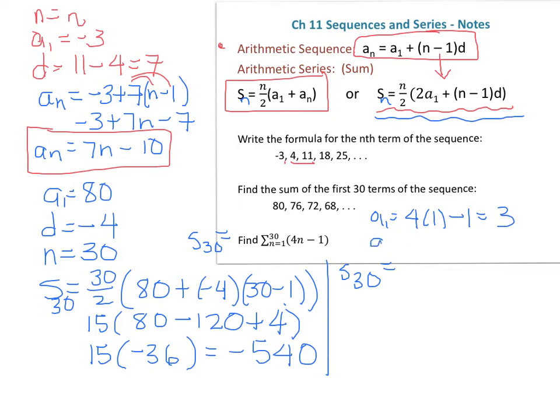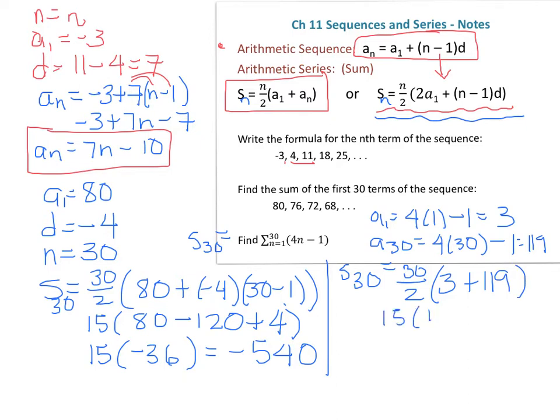And then a sub 30, you find that by plugging in 30. So you have 120 minus 1, so that's going to be 119. And now we can go to our formula, which is n over 2 times (a sub 1 plus a sub n). And so you're going to have 15 times 122. So 122 times 15 is 1830. And so that would be how you would find the sum given sigma notation.